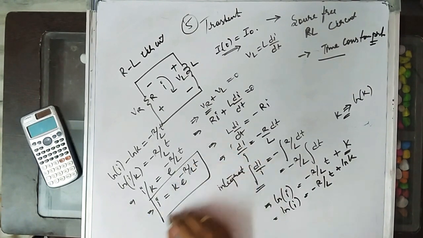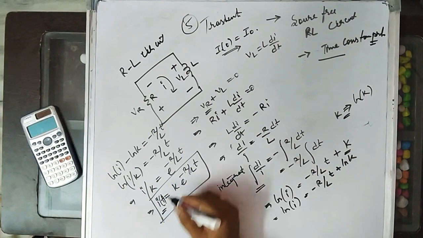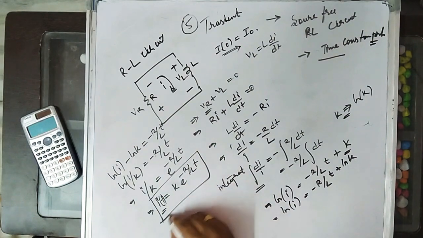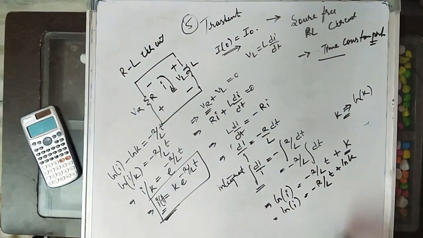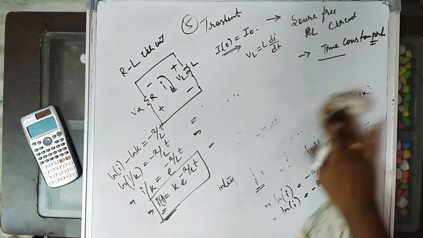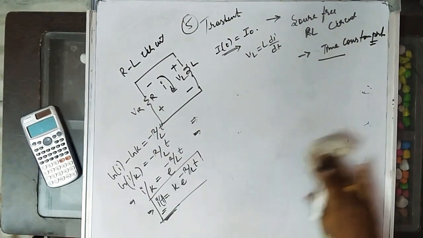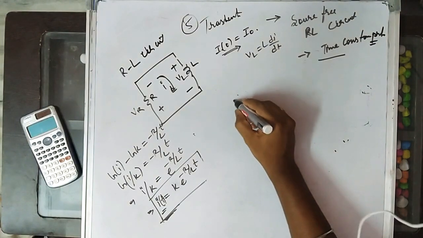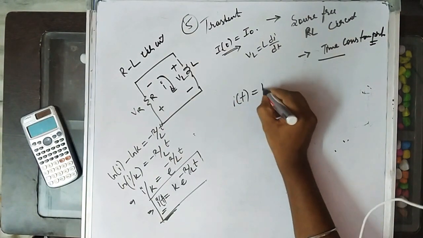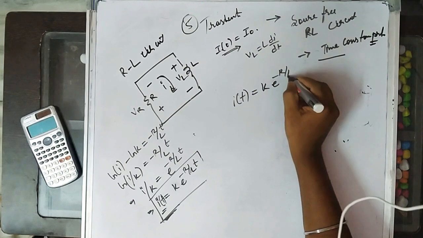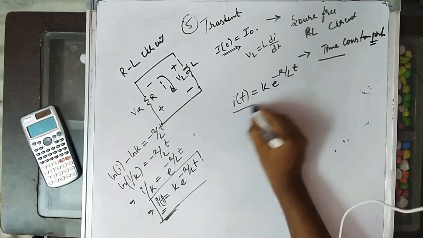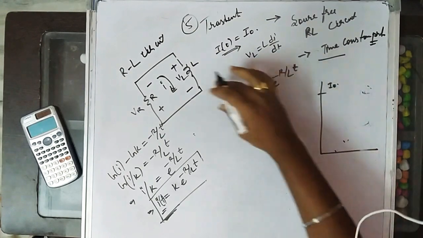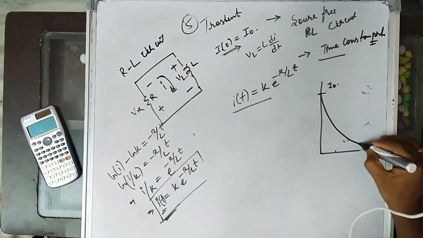So we need this response I of t, the current through that inductor. Based on that current equation, now we analyze the decay of current. I of t equals k e power minus R by L into t. So the decay of the initial inductor current I naught will be in this form.